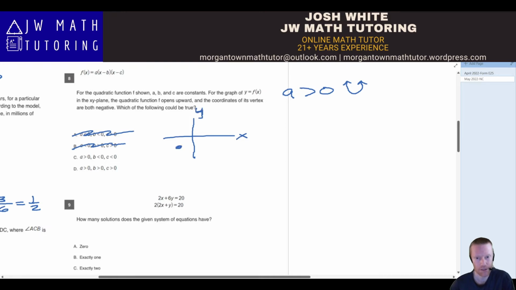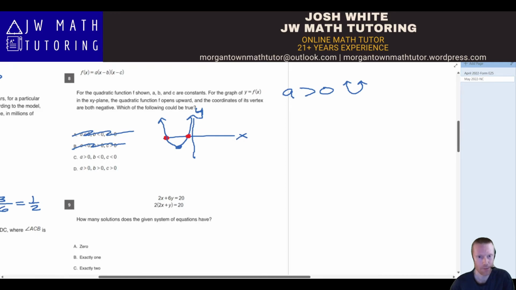So let's say this is the vertex. All right, and then it's going to open up. So it's going to look something like that. So B and C are going to be our two x-intercept values. Essentially, one of them is going to be here, and the other one's going to be here.